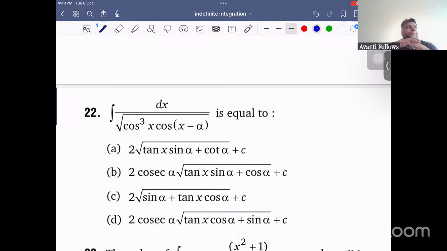Question number 22. Now, I hope few of you must have got the correct answer.